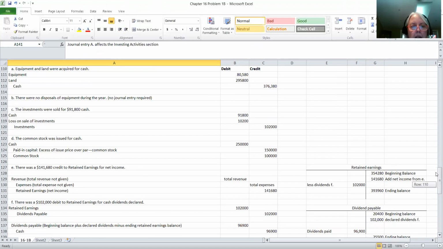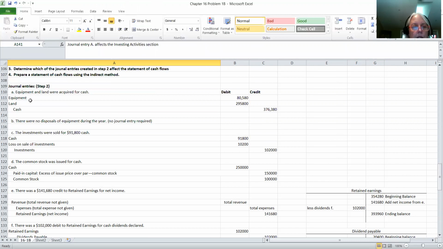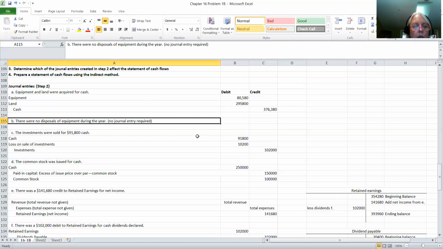So journal entry A affects the investing activities as a decrease in investing activities because you paid out cash for purchasing those investments. In transaction B, there were no disposals of equipment during the year. There was no journal entry required, so transaction B didn't affect the statement of cash flows at all.